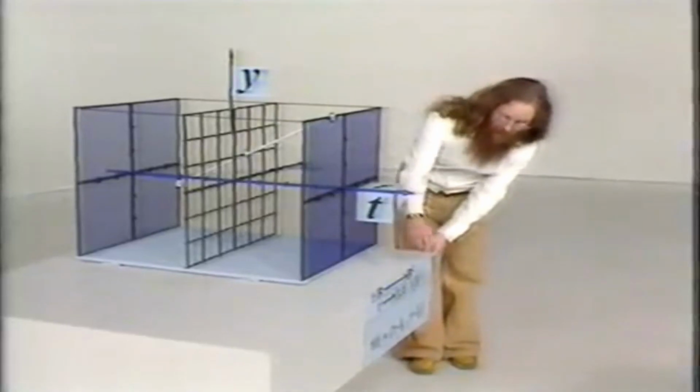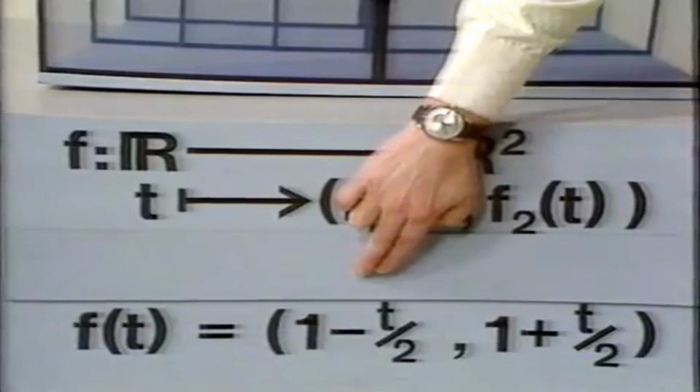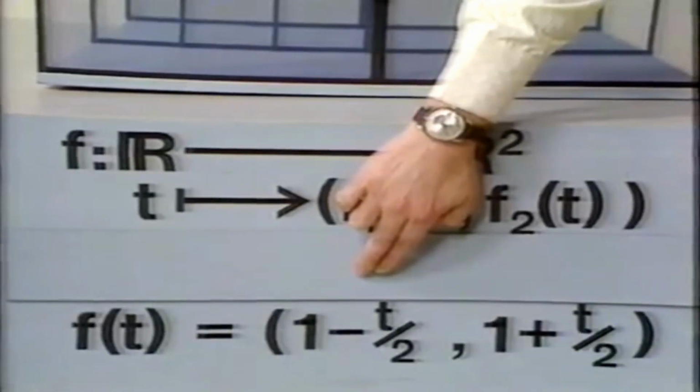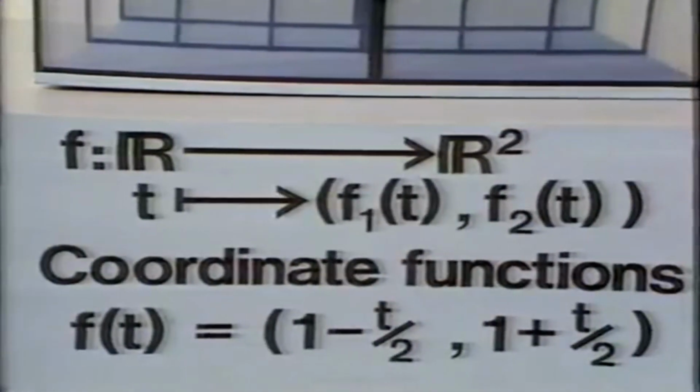Remember, a function gives a value f1 of t for the first coordinate and a value f2 of t for the second coordinate. So f1 and f2 are functions from R to R, and in this particular case, f1 maps t to 1 minus a half t. Well, we call these two functions the coordinate functions of f.